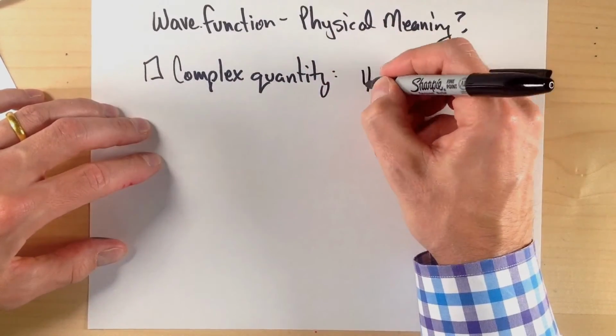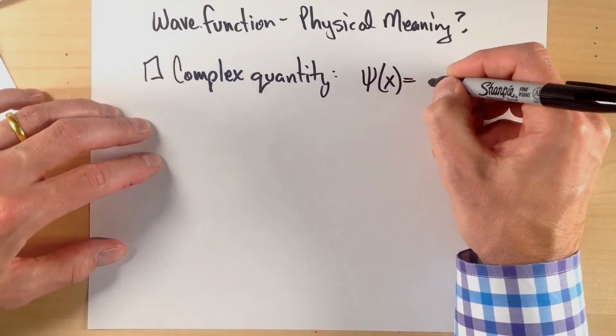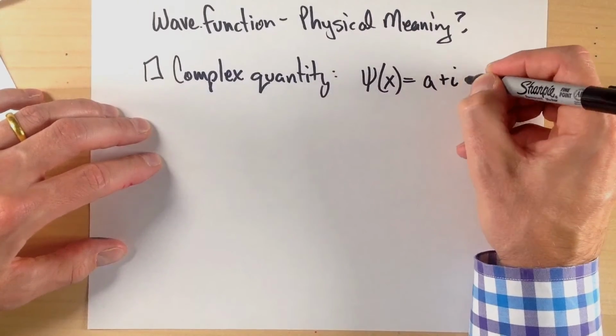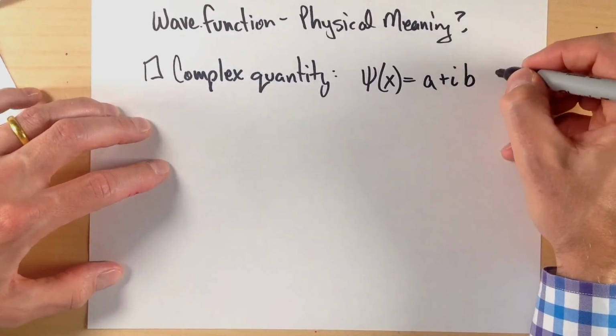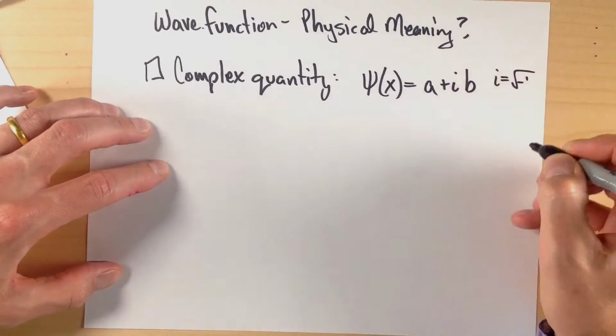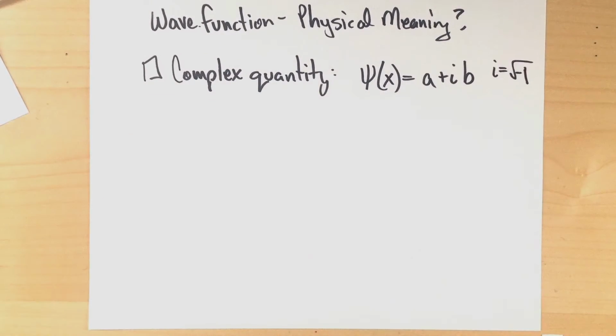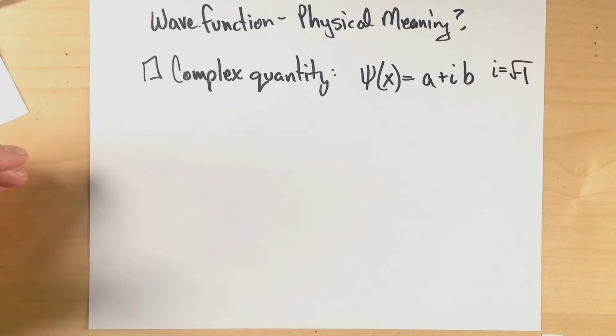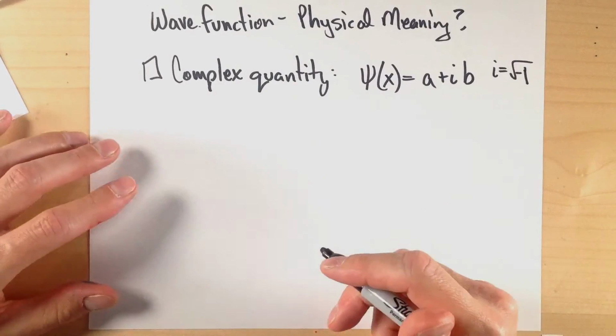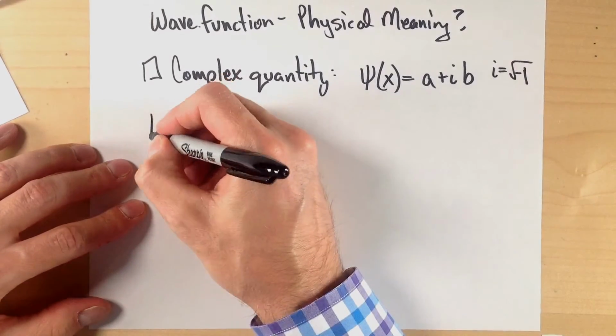Keep in mind that psi is equal to a real part plus an imaginary part, where, of course, i is equal to the square root of -1. I know that some of your heads are exploding now because this is really dangerous math, but don't worry, it's not going to go too bad.